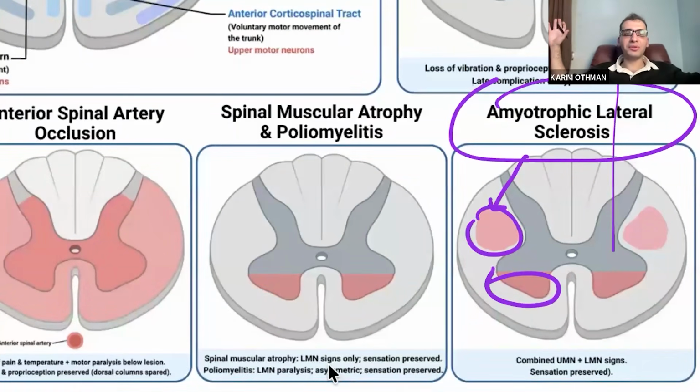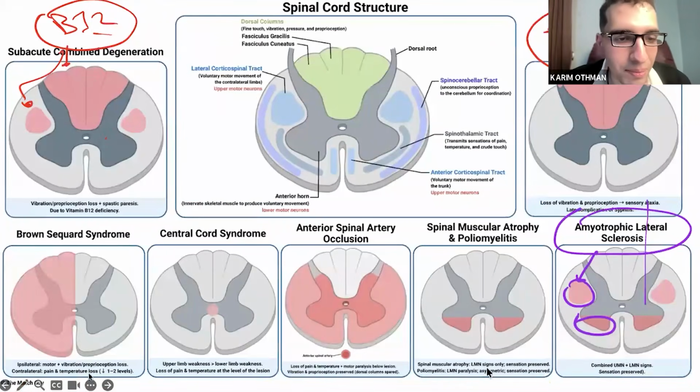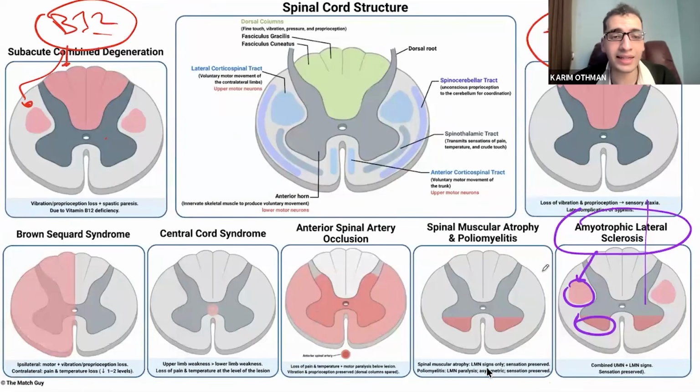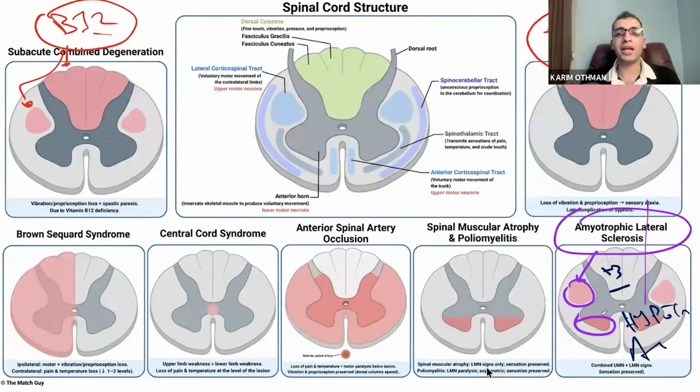I always diagnose it on the exam with both of them. I will see both signs, guys. So when I see a +3 reflex, so hyperreflexia, and hypotonia or muscle atrophy, or fasciculations mixed, I always know it's amyotrophic lateral sclerosis.